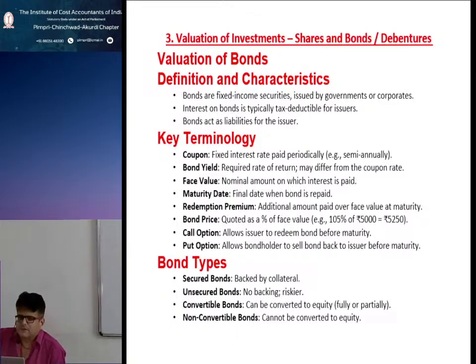So earlier borrowings made from retail investors or bondholders, upon the bonds getting converted into equity shares, make the bondholders the shareholders. That's what convertible bonds are. Non-convertible bonds means plain vanilla, which cannot typically be converted into equity. They remain till maturity as bonds and a liability only for the issuer.